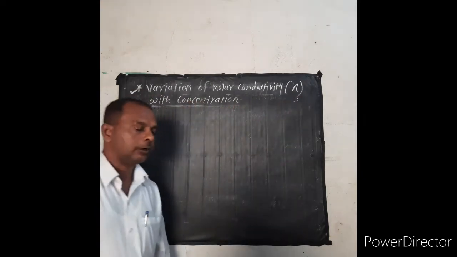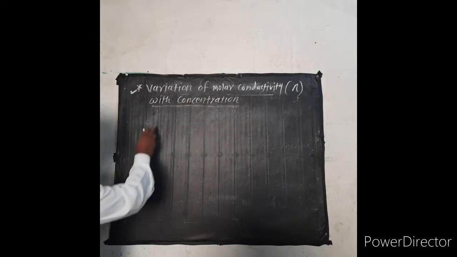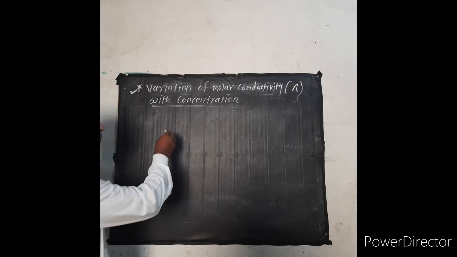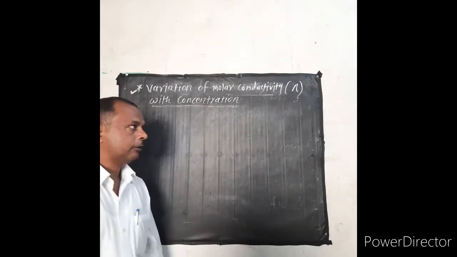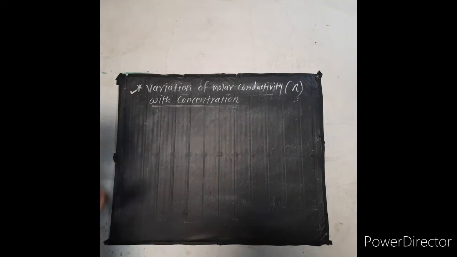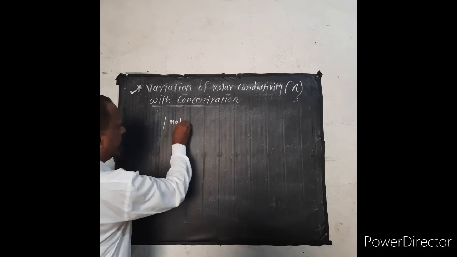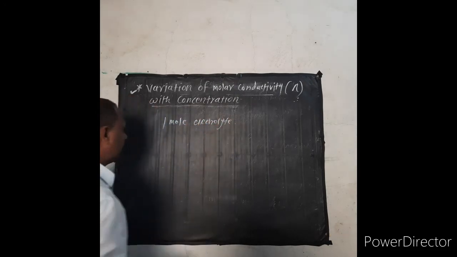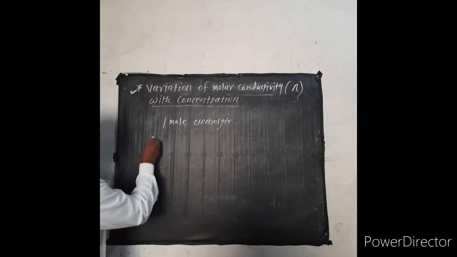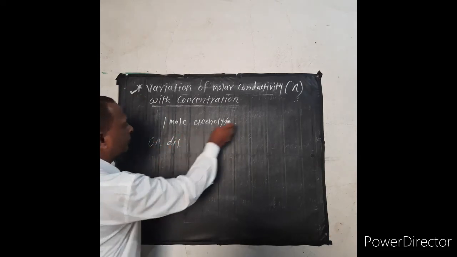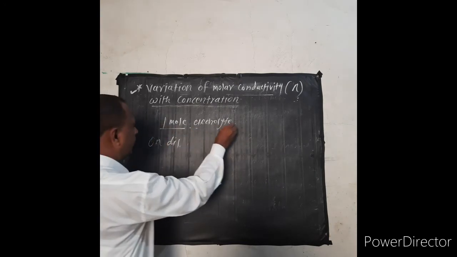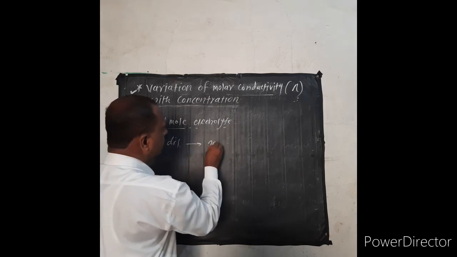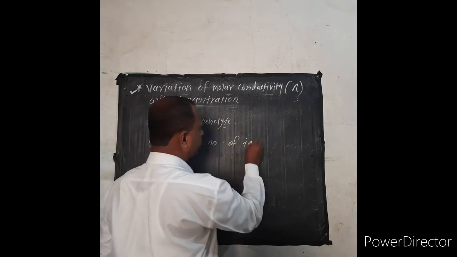Molar conductivity is denoted by the symbol lambda. Molar conductivity is the electrical conductance of 1 mole of an electrolyte in a given volume of solution. Now, on dilution of this given volume of solution containing 1 mole of an electrolyte, the number of ions increases.